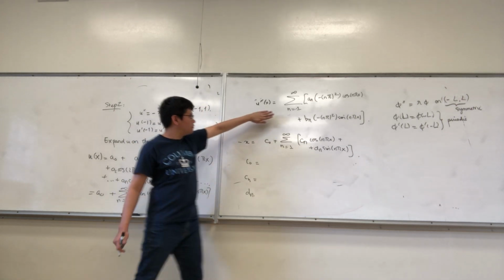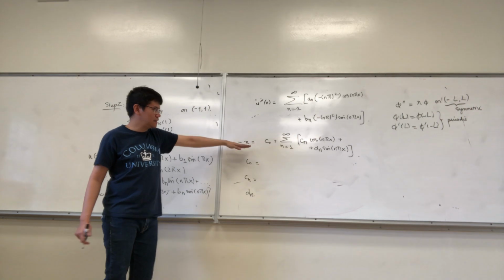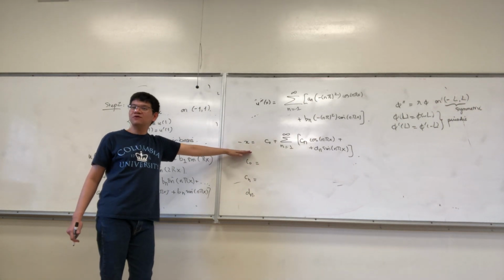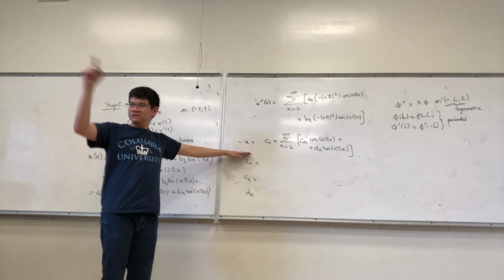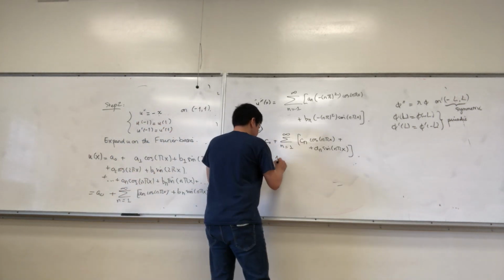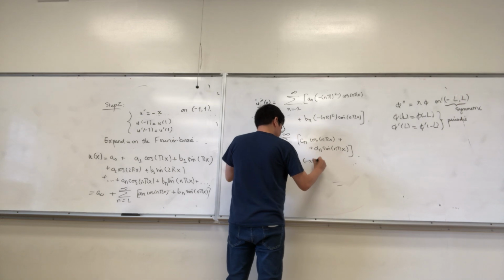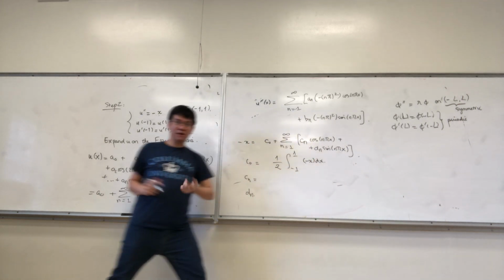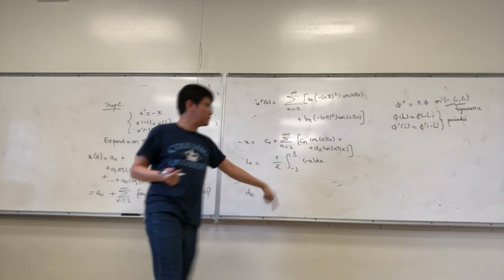No. Before that, I just want to do the Fourier expansion of this. How can I compute the Fourier coefficients of the Fourier series? It's 1 over 2L, the integral from negative L to L of f of x dx. So this is 1 over L, from minus 1 to 1, of minus x dx. This is the formula of the Fourier series. You remember that?